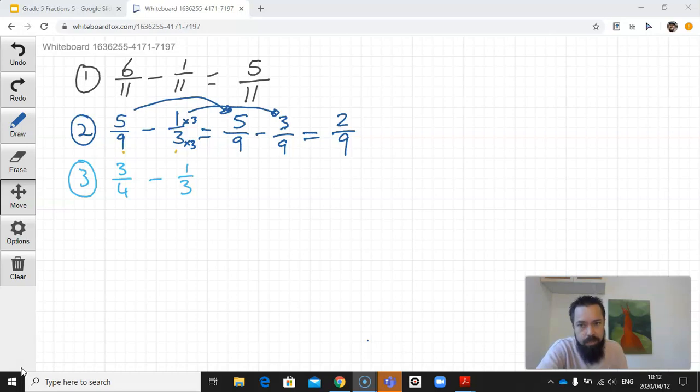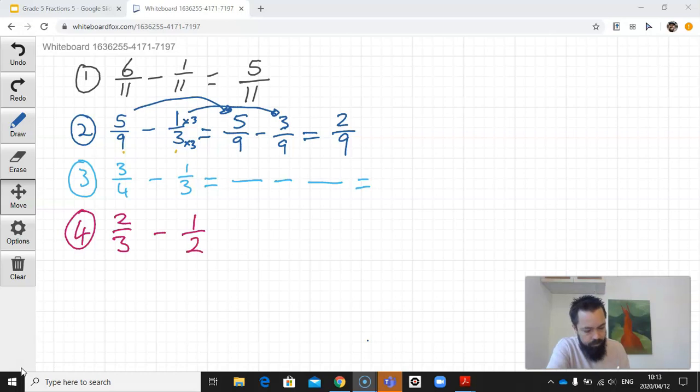In this one, you'll have to change both of those denominators. Okay, that should have given you enough time to get started.